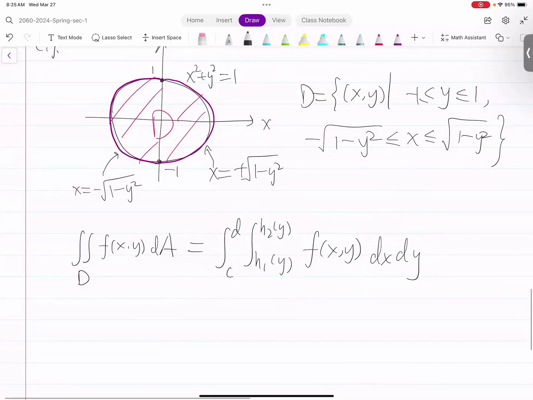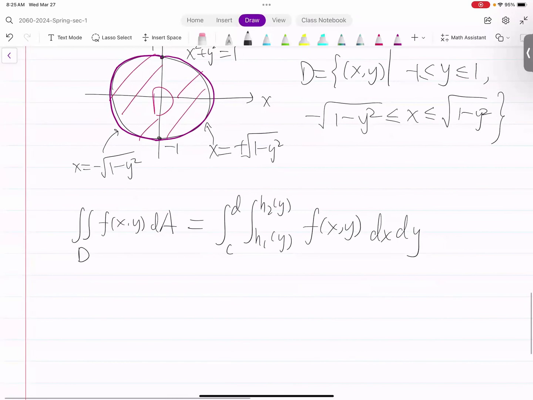Okay, so now let's look at one example for the calculation. So let's look at the double integral over the region D of x plus 2y dA.